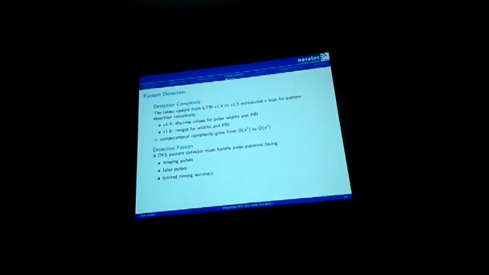And one factor that plays a role here is also the limited timing accuracy, depending on how pulses are detected. So the challenge here is to identify the pattern types that you will have to deal with, and then derive detection parameters you can work on afterwards.